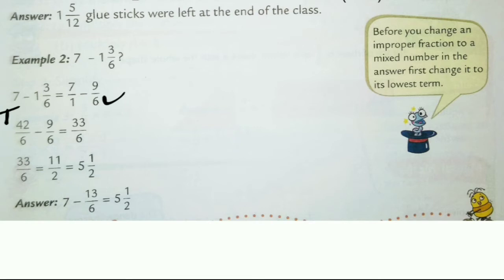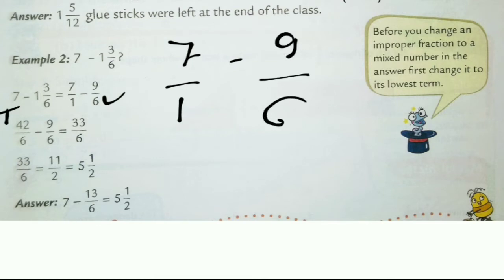After that, see, the numbers are 7 upon 1 minus 9 upon 6. Okay. So here the LCM will come 6, because for 1 and 6 it means 6 only. Now we know that in the 1 table, 6 will come how many times?